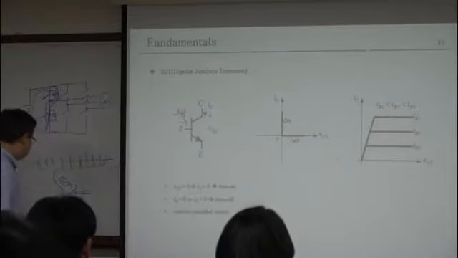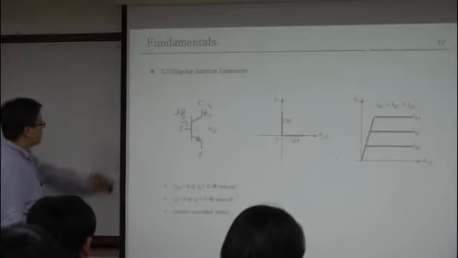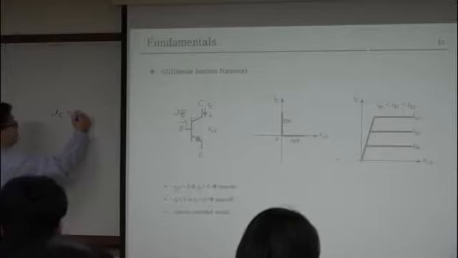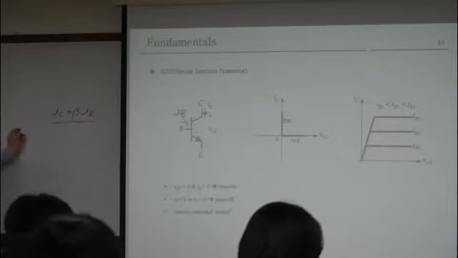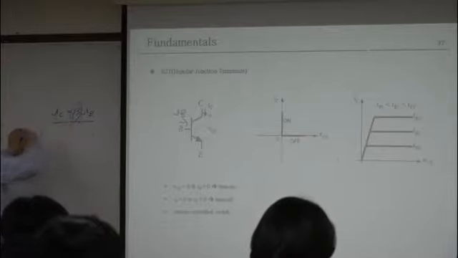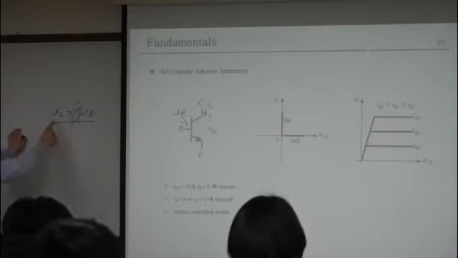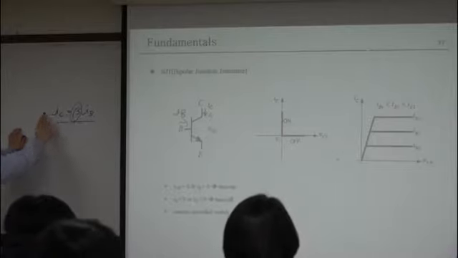Then there is a relationship between the base current and the collector current, I_C. So according to the beta, with beta and I_B, you can control the collector current.